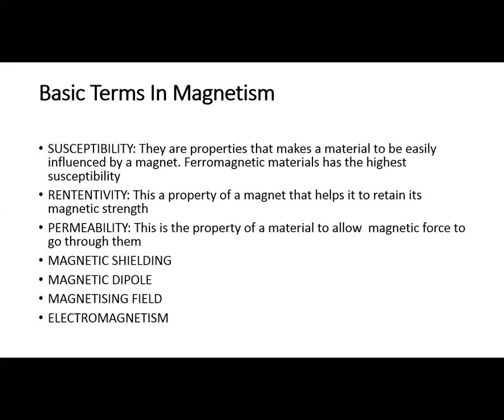Also when you hit it with, let's say, a hammer, it can also lose its magnetism. That means under favorable conditions, you must prevent access to heat. You must prevent heating of the magnetic material.